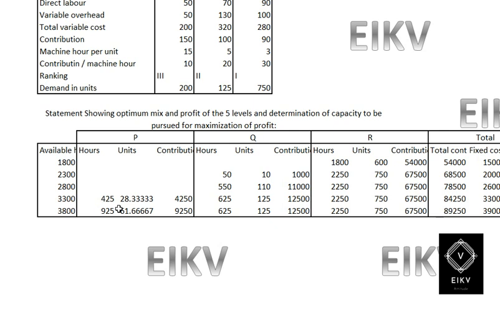Then if the available hour is 3,800 hours, then we can produce the entire amount of product R and the entire amount of product Q, and the remaining hours of 925 will be taken for the manufacturing of product P. So here the maximum demand of product P is 200 units, but as per the limitation of total hours available, we can produce only 61 units of such product.